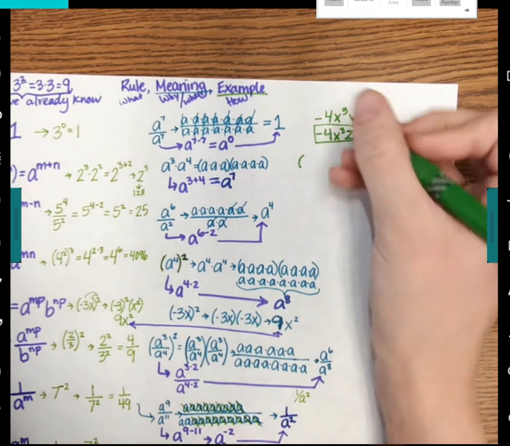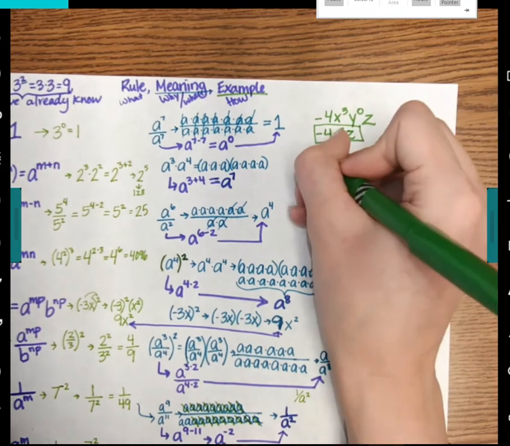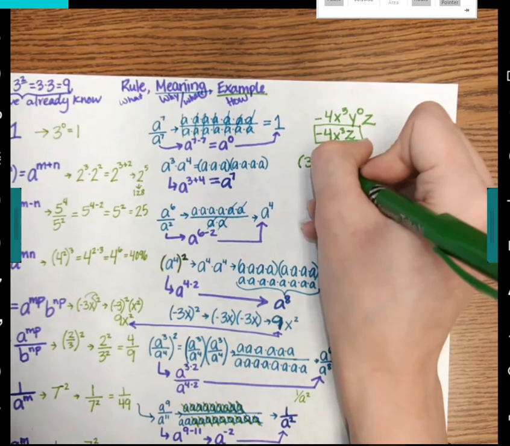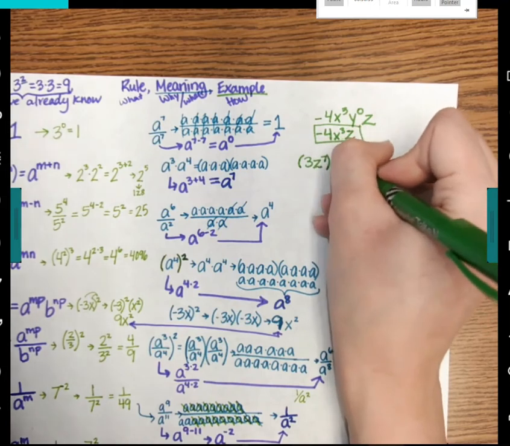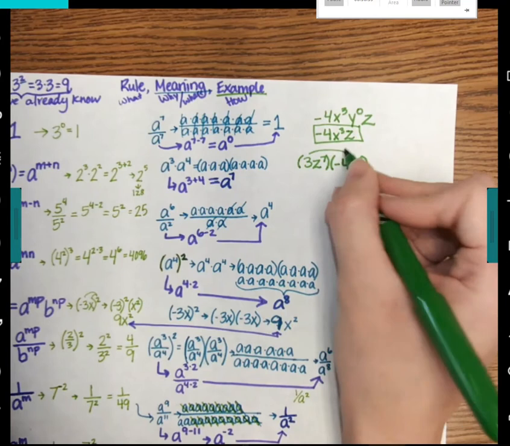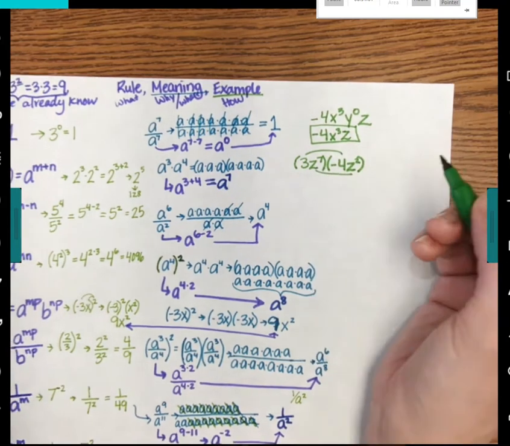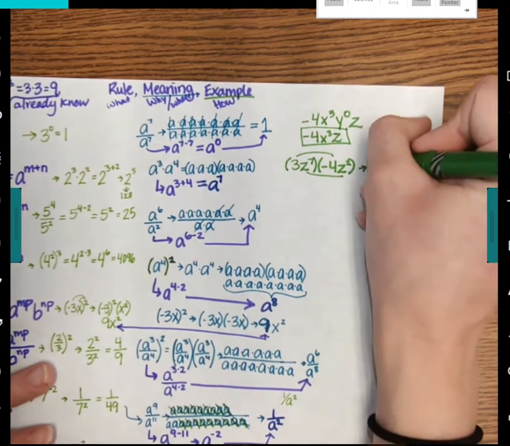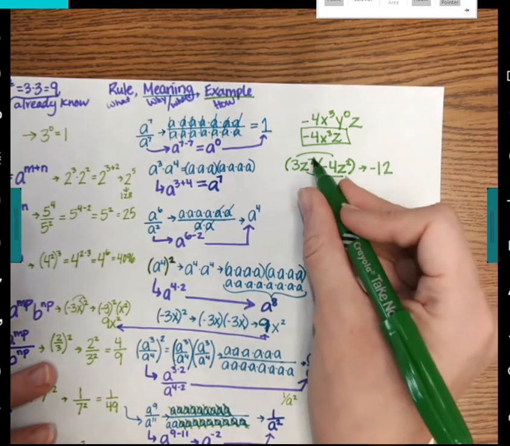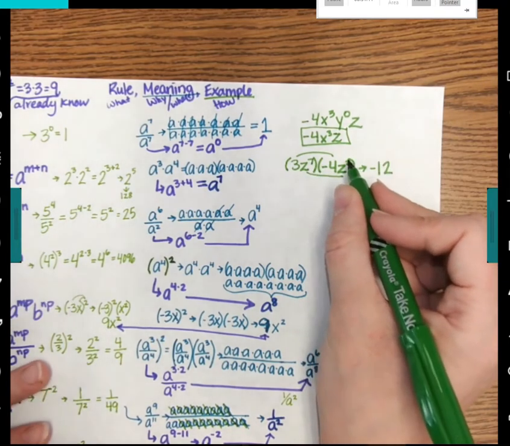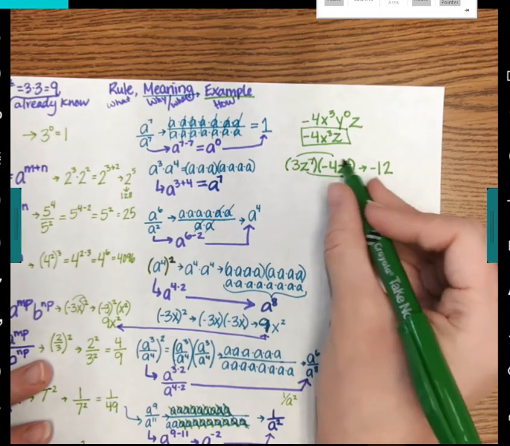Example number 2. 3z to the 7th times negative 4z squared. Alright, so we're going to combine our normal numbers together and our z's together. So 3 times negative 4 is negative 12. Z to the 7th times z to the 2nd, that's z to the 7 plus 2.